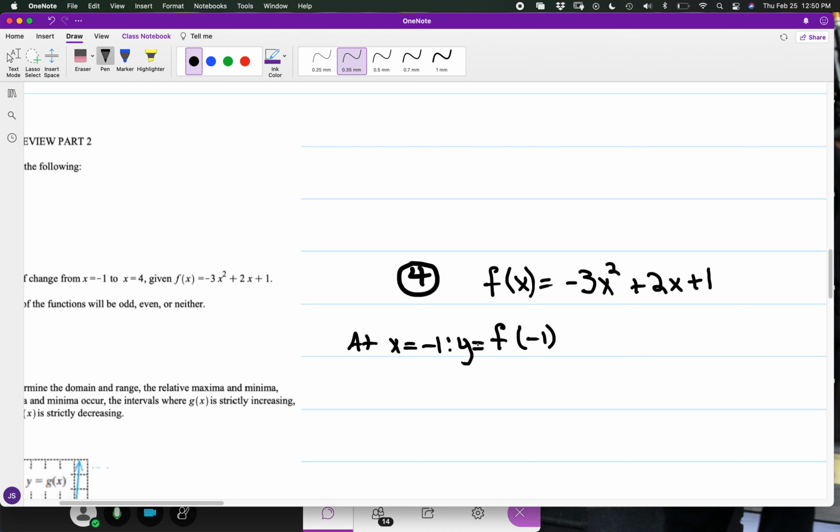So your y value would be y is equal to f of -1. So we have -3 times the square of -1 plus 2 times -1 plus 1.